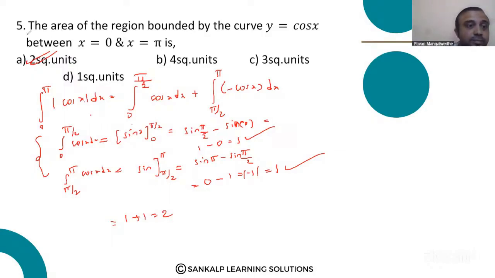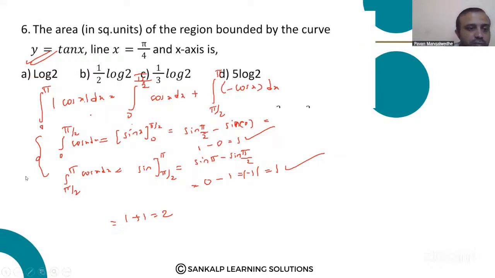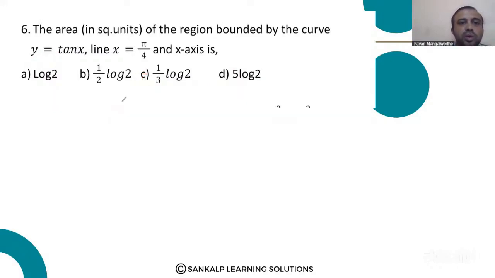Next one. So number 6. The area in square units of the region bounded by the curve y is equal to tan x, the line x is equal to pi by 4, and the x-axis is what?